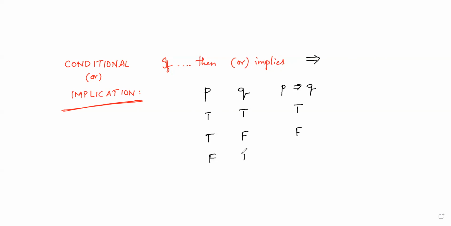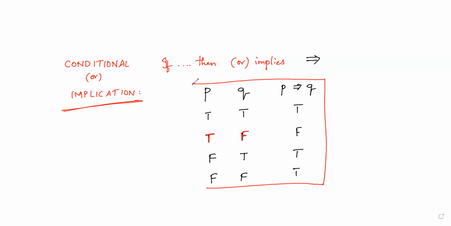False implying truth will be true. False implying false, that is both false, is represented with T. So you will get false only when truth implies false. Am I clear, sir, in this regard? Yes, sir.